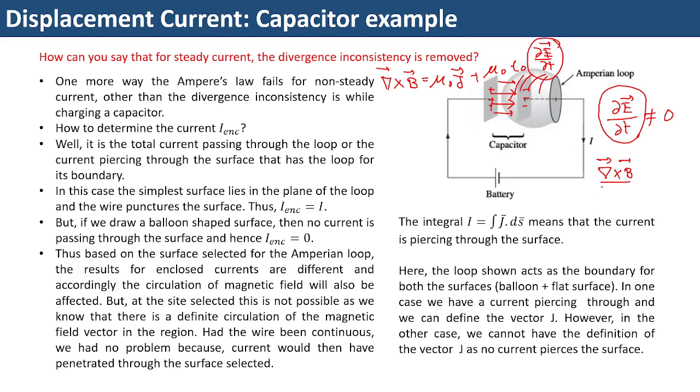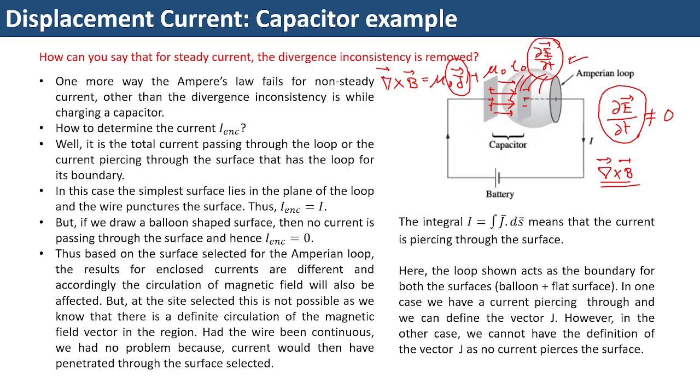So the curl of magnetic field is not only because of the real current which is flowing, but also because of the variation of the electric field with time. Got it? So when real current was not piercing through the surface, you are getting the magnetic field from the time variation of the electric field.